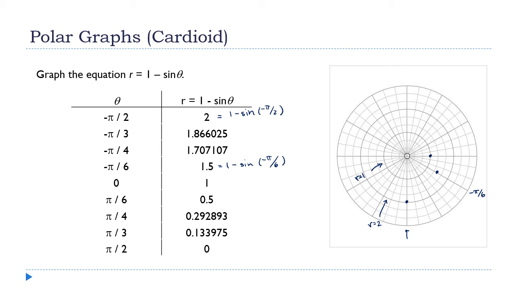When theta is pi over 6, that's this line. That's positive pi over 6. r is 1/2, so it's pulled back in to here. Then when theta is pi over 2, that's this line. r is 0 and is here on the pole.